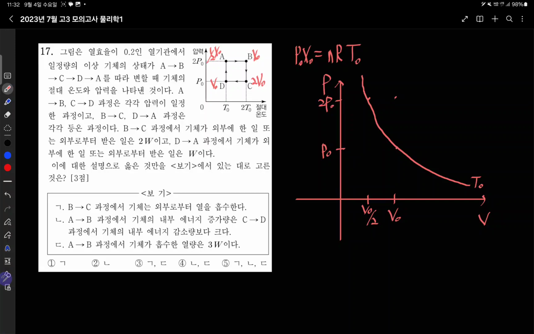So this dot is for B. And in state C, volume is 2 times V0 and pressure is P0. So from B to C, at the constant temperature, this curve follows 2 times T0.